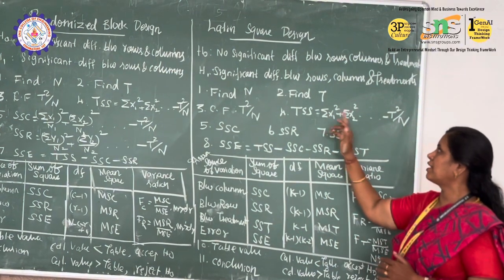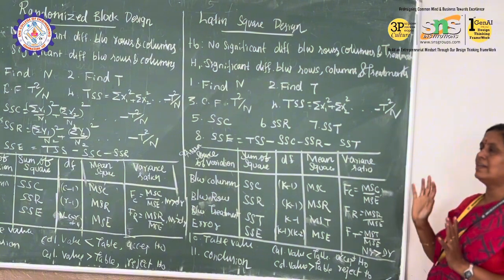That means there is a significant difference between rows, columns and treatments.